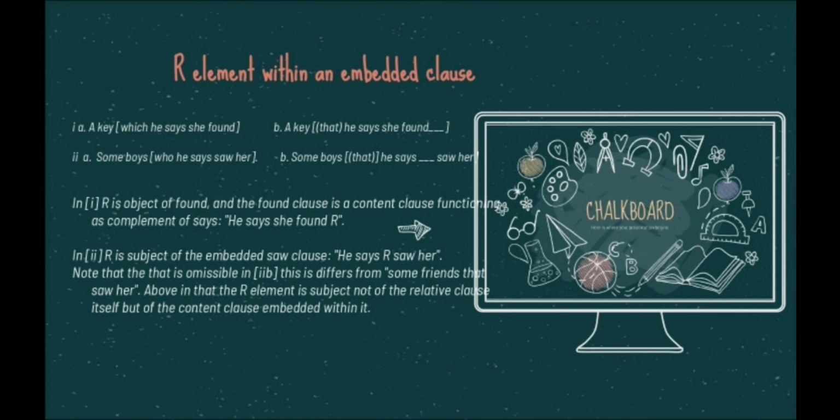Notice that in the example some boys that he says saw her, the that here is omissible. This differs from some friends that saw her above in that the relative element is subject not of the relative clause itself, but of the content clause embedded within it.